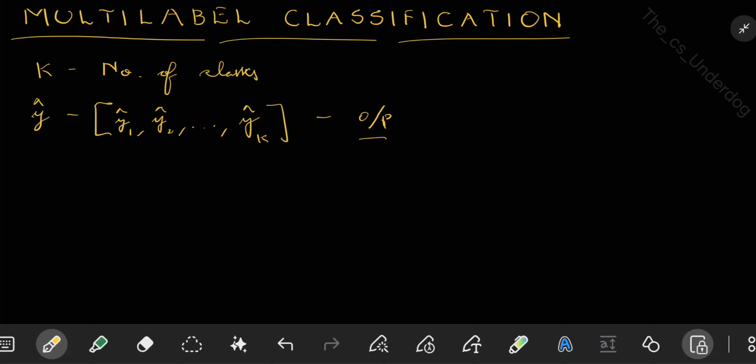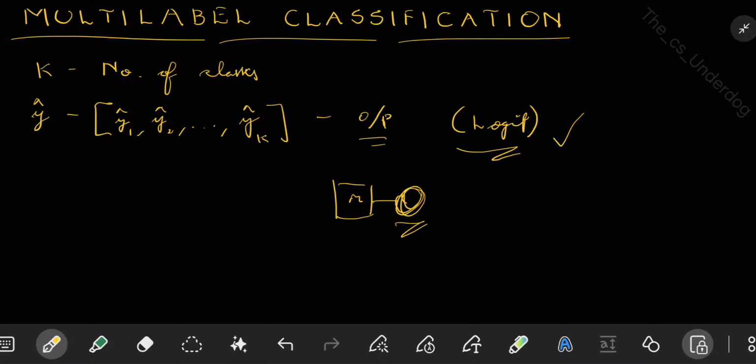When I say output, this is the logit or the raw output. What is logit? Logit is the raw output that is coming out of your model. Whatever your model is outputting, you're directly seeing that value. That is what you call a logit. So it can take any value from minus infinity to infinity. It does not specifically signify any probability of a class. It is just a number. That is why we are calling it a logit.